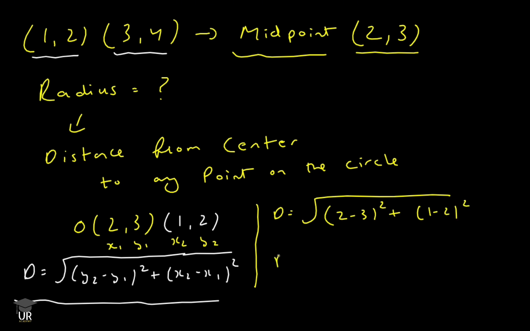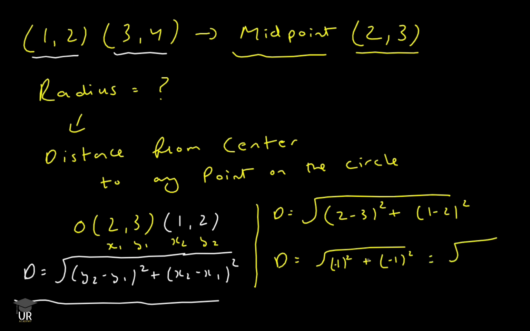So this will actually become 2 minus 3 whole square is minus 1 square plus this is also minus 1 square, all under root.